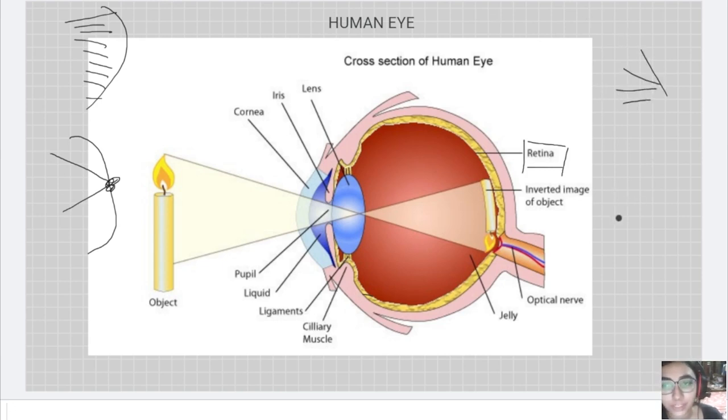Because our field of vision is huge, right? So obviously something is happening so that all the light rays from all around are converging at one single tiny point known as the yellow spot.